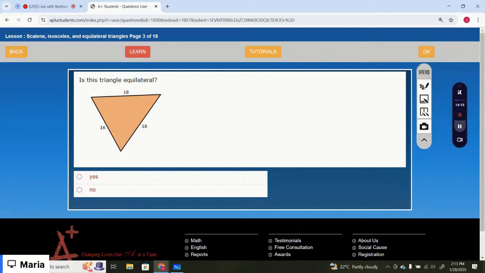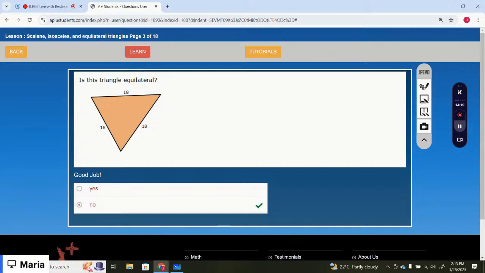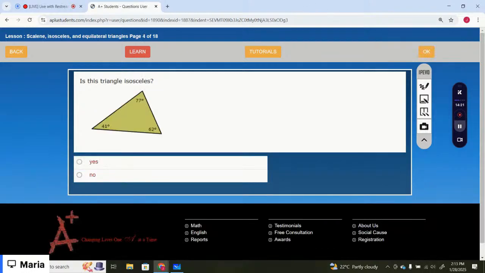The correct option is no, that is not an equilateral triangle. An equilateral triangle is the one that has all the angles equal and all the side lengths equal in measurement.